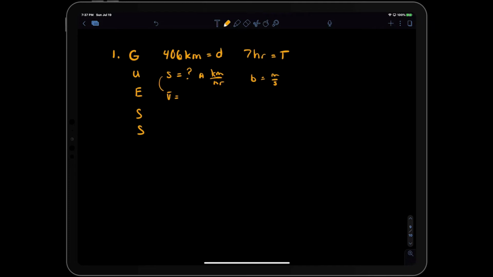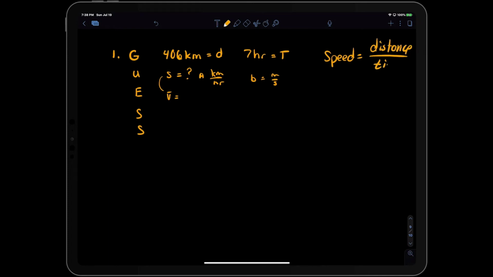As long as we know what the variable is that we're dealing with, it shouldn't be an issue. We could put X there for all intents and purposes. So we know that our speed formula, speed equals distance over time.